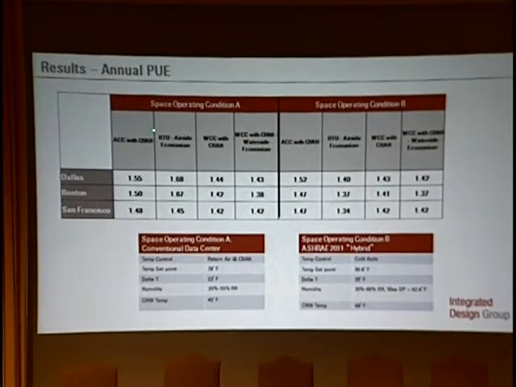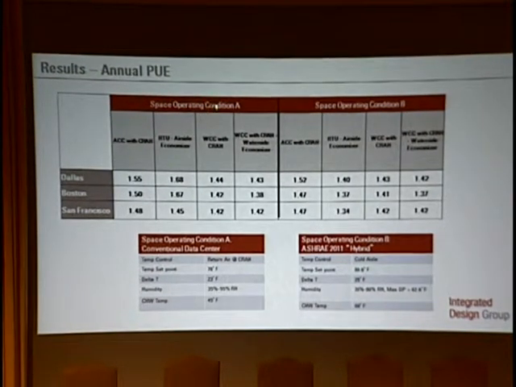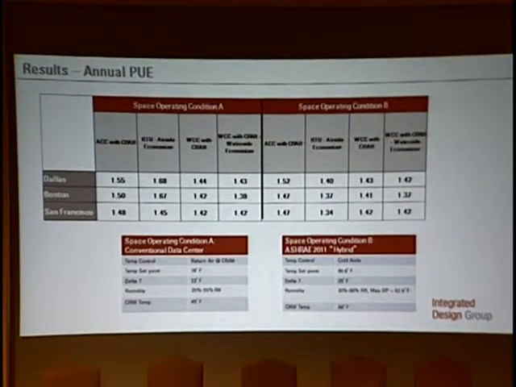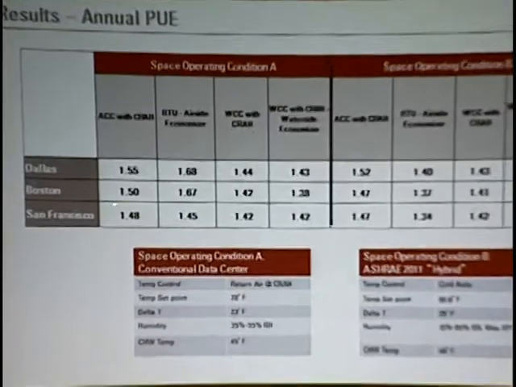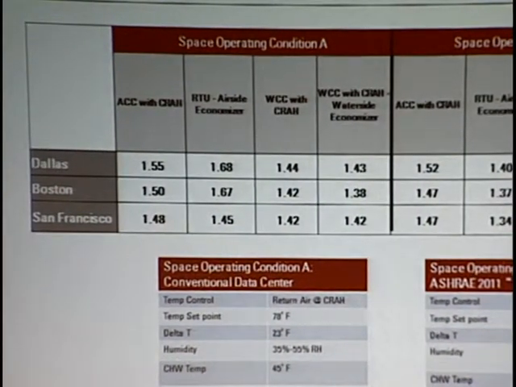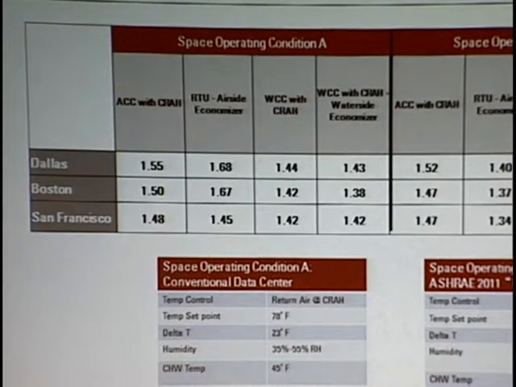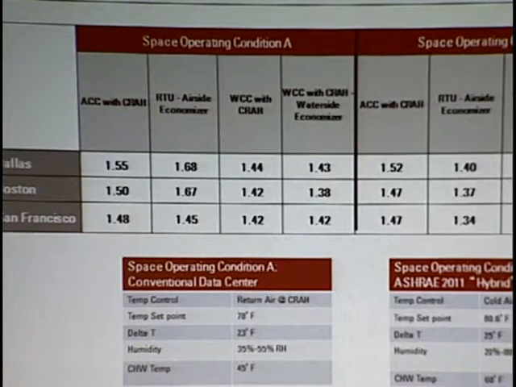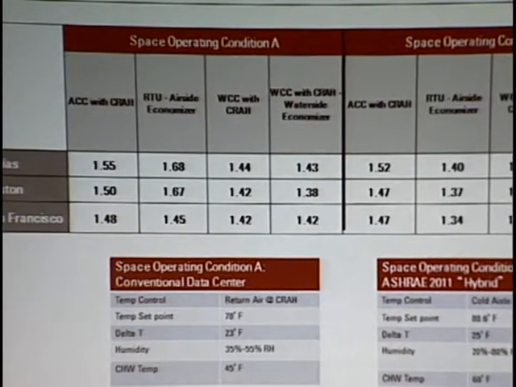If you look at space condition A, which is the conventional conditions, and you compare Boston, Dallas, and San Francisco, you'd expect that San Francisco would have the best PUEs, which it appears to have. They're all the 1.2s. And that's because you'd expect that they'd be on some sort of economizer, definitely air, nearly all year round.